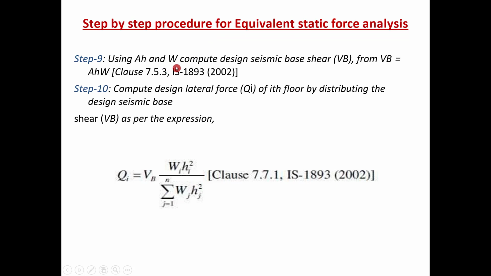After obtaining Ah and W, we can find the design base shear, and then we discuss the Qi value for finding different story shears and story forces based on this equation.